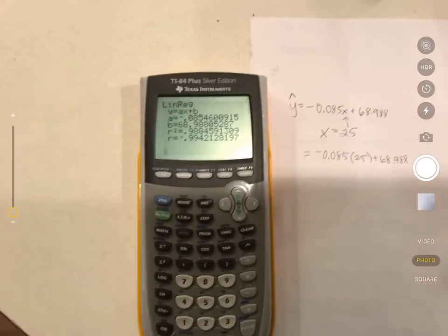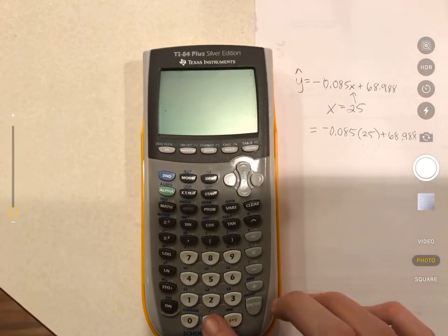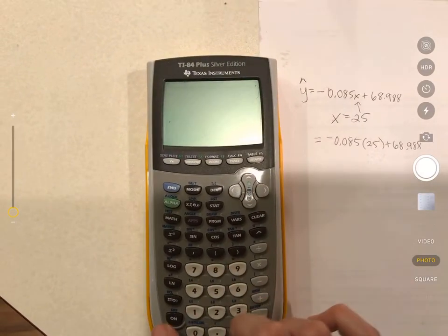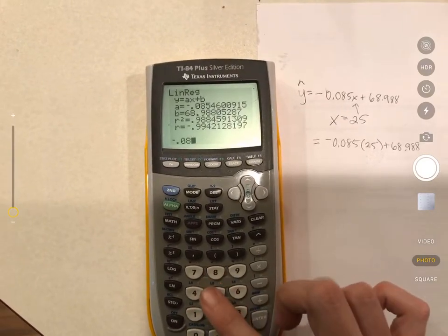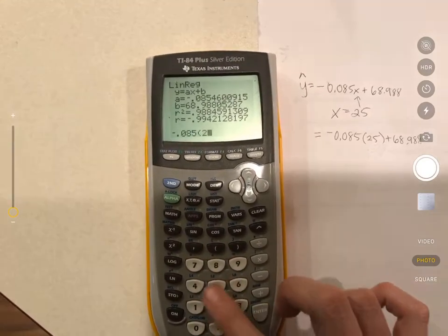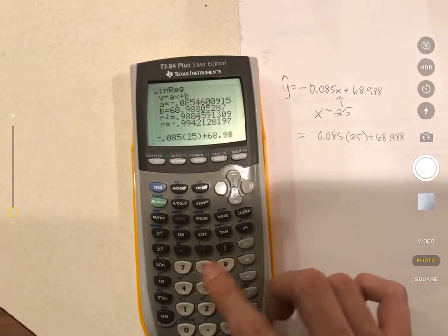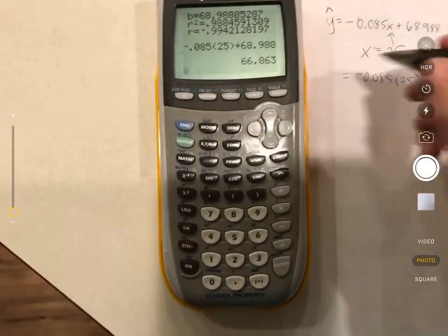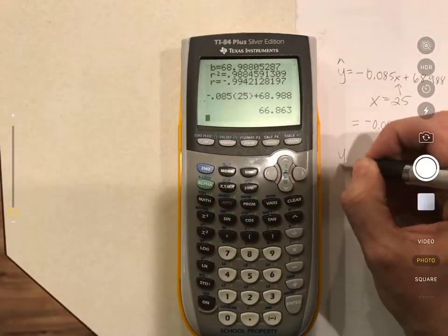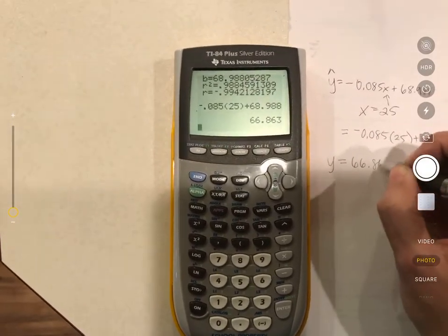Okay, so if I type all of that into the calculator, it gives me a result for y that is equal to 66.863.